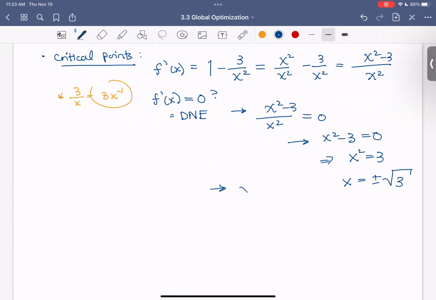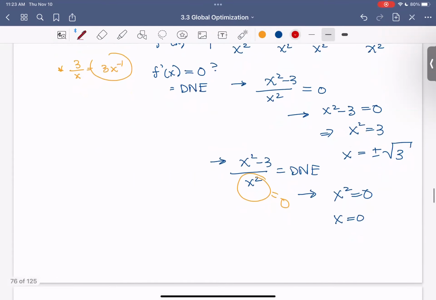But we also have where x squared minus 3 over x squared does not exist. That happens wherever the denominator is equal to 0, because recall we can't divide by 0. So x squared is equal to 0, which means x is equal to 0. Now we have identified our critical values.